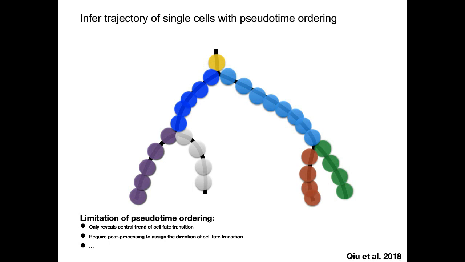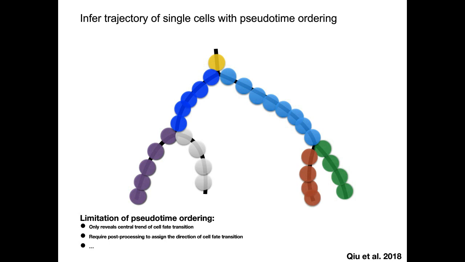Pseudotime ordering turned out to be very powerful and popular in the past few years. It can tell us the key transcription factors that dynamically change or bifurcate between alternative lineages. However, it also has a few limitations.